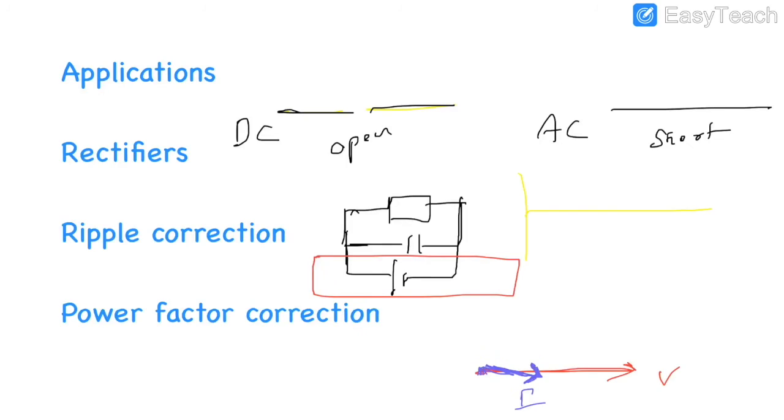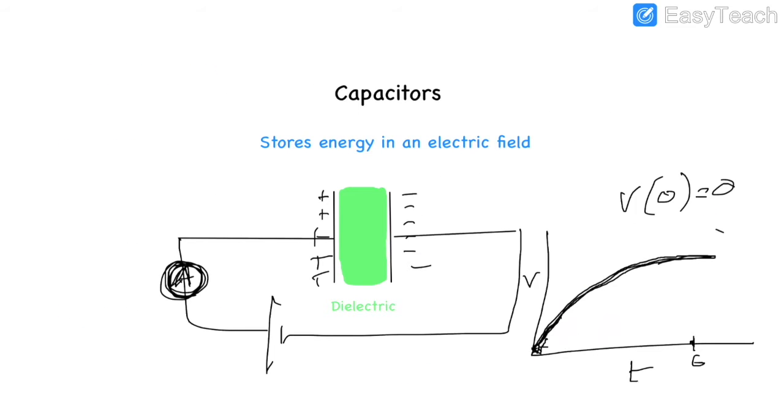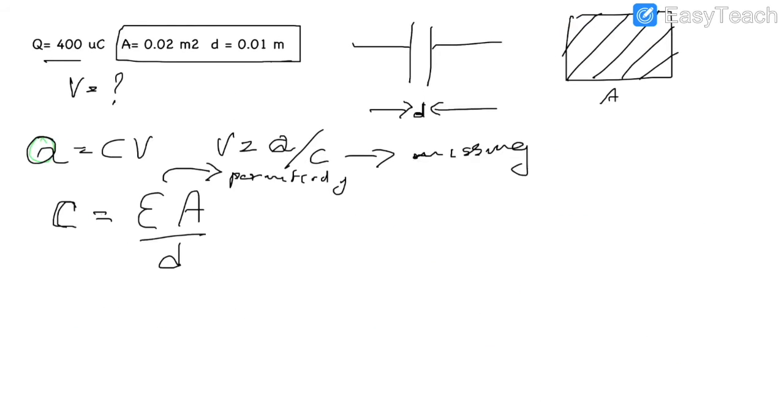If you look at the very first diagram I showed you, if you have charges here, there are going to be electric field lines shown in yellow. So that is the permittivity of the dielectric medium.